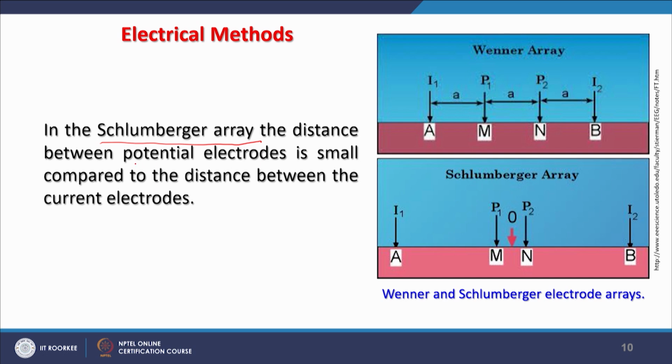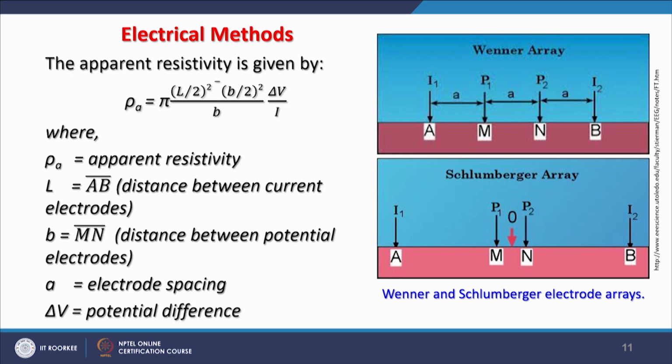So, potential electrodes distance is small and current electrodes distance is large. In this case, the apparent resistivity is given by rho A equal to pi times (L by 2) power 2 minus (B by 2) power 2, divided by B, multiplied by delta V upon I.